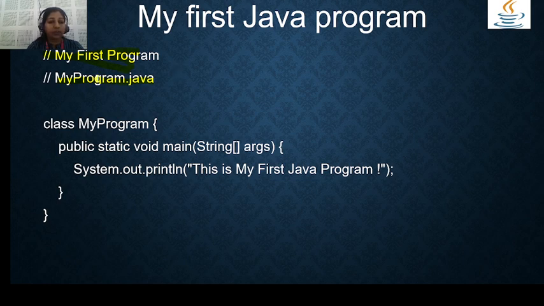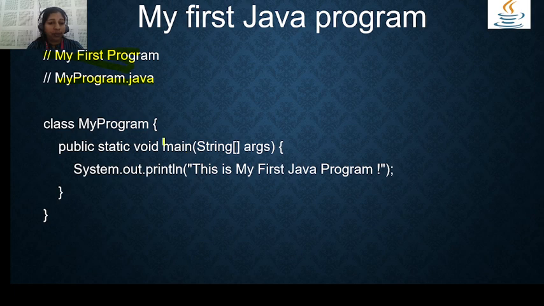It is a rule that the name of the program or application should start with a capital letter. Then it starts with class MyProgram. Class is the keyword to specify this is a class, followed by the name of the program. The name of the program and the name of the file should be the same. We have saved it as MyProgram.java because our class name is MyProgram, which has the main method.